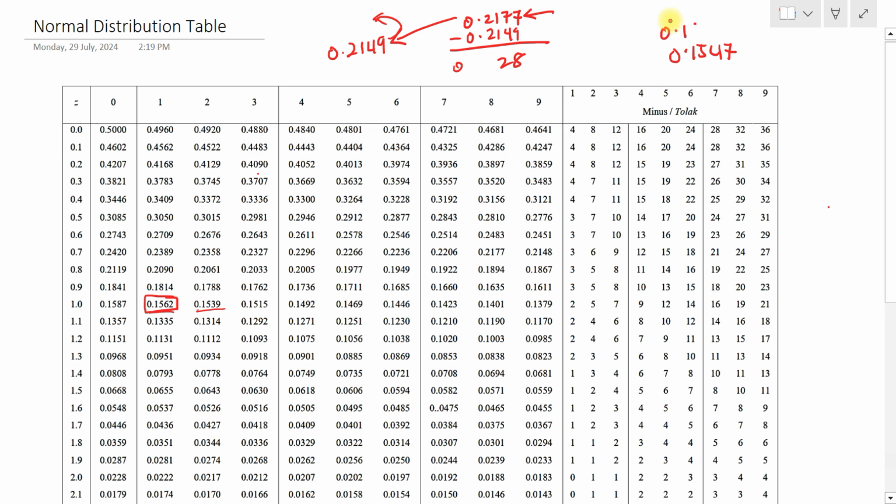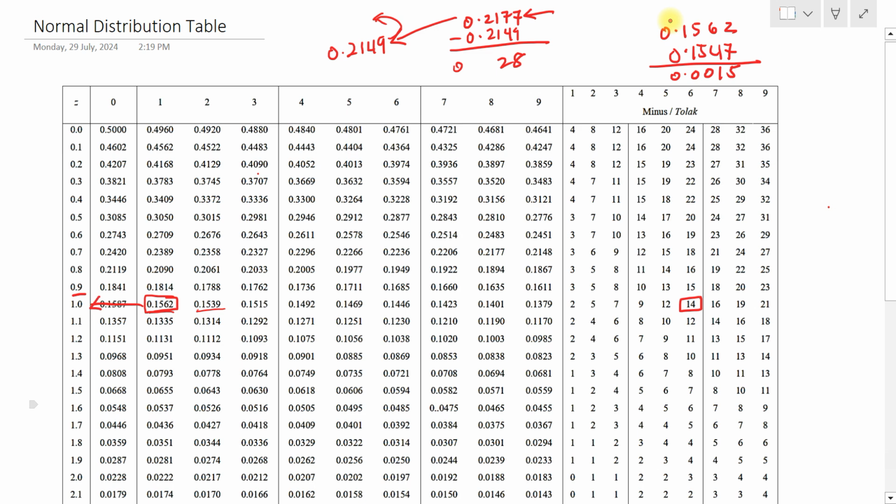Jadi, 0.1562 minus 0.1547, you get 0.0015. Betul tak? Jadi, kena minus 15. 15 tak ada, 14 or 16. We cannot minus with a bigger number. So, take 14 lah. Okay? So, what is your Z?